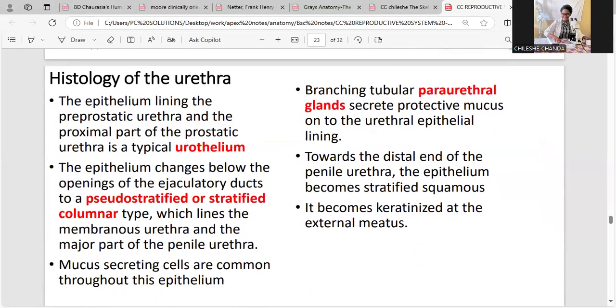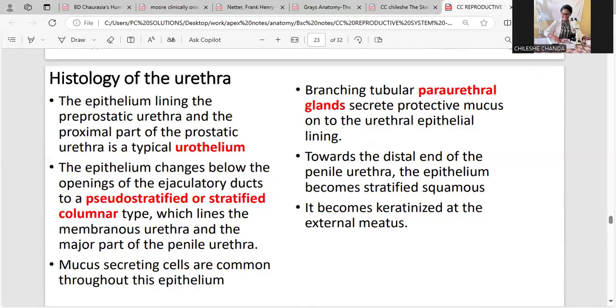Now, when you take the urethra and put it under a microscope, what are you going to see? The histology of the urethra is that the lining of the urethra is a special type of epithelium.